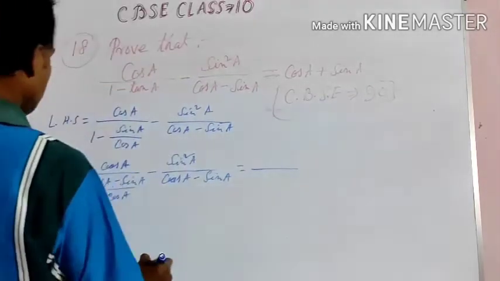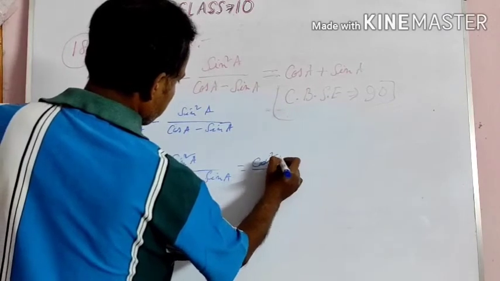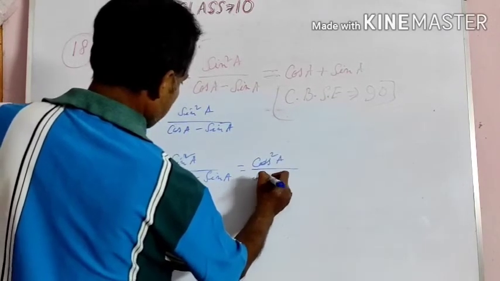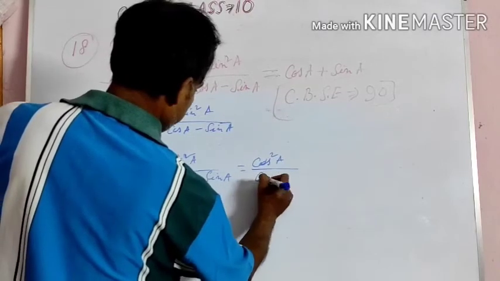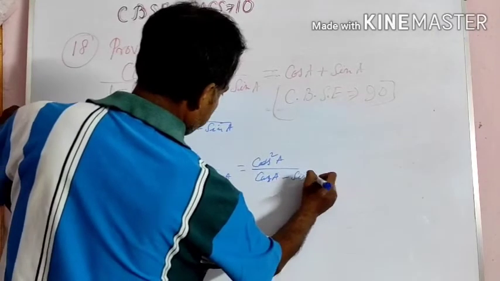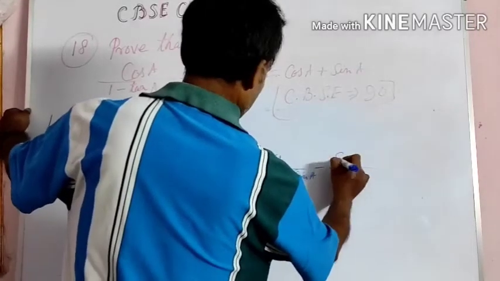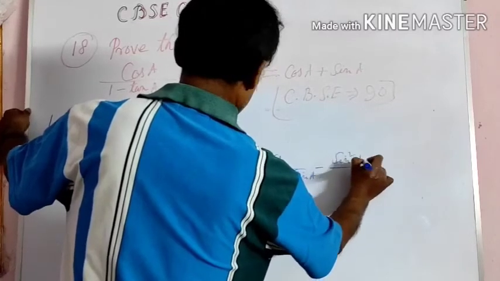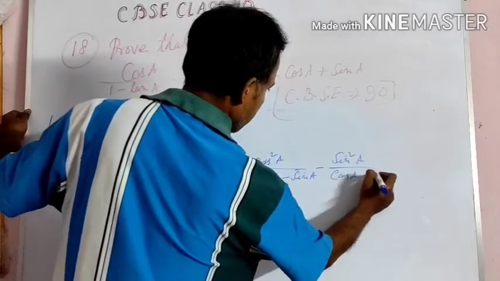Is equal to cos square a by cos a minus sin a minus sin square a by cos a minus sin a.